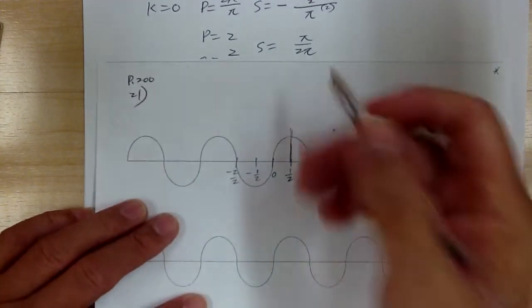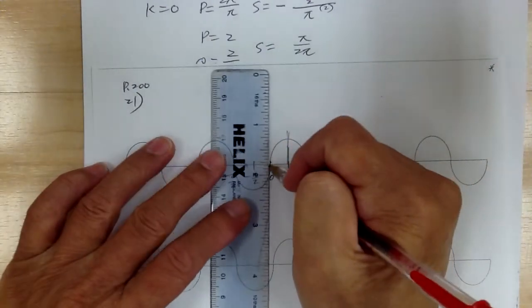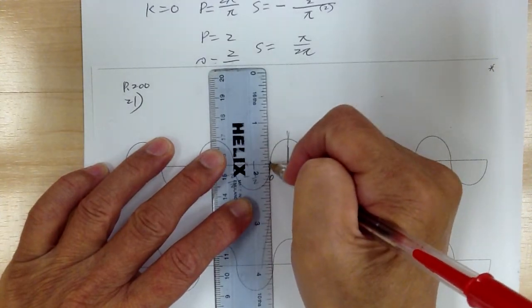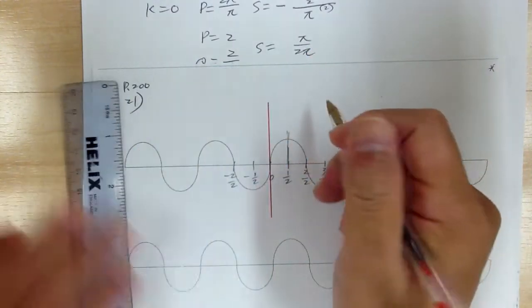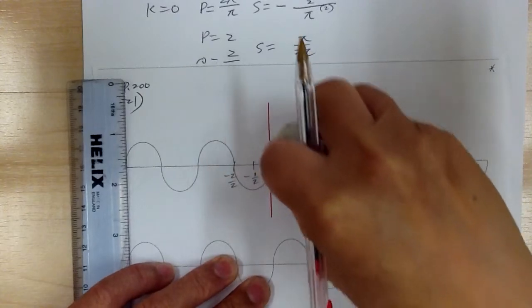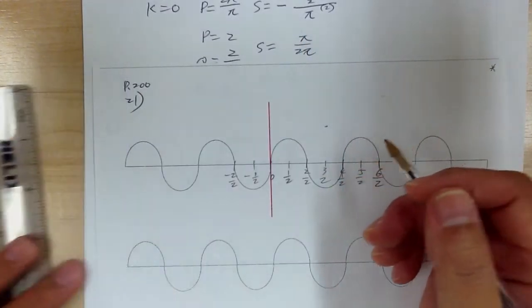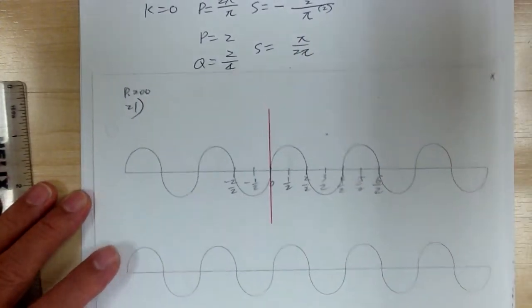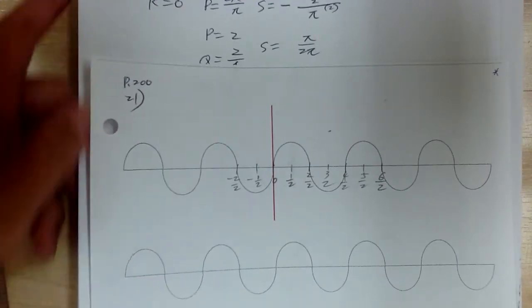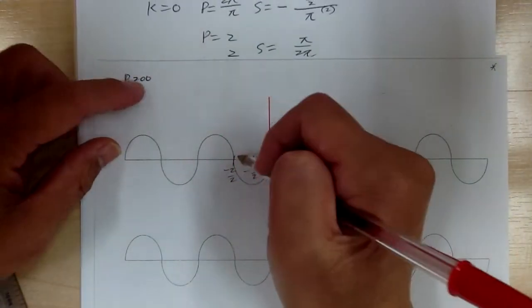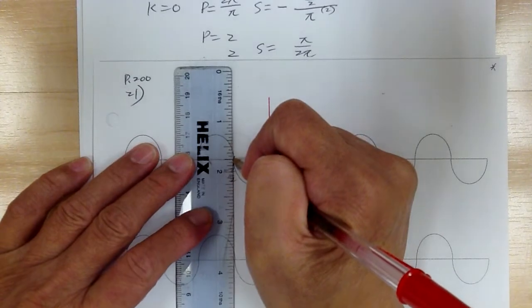Okay, so next what I want to do is I want to get my axes. Okay, so axis is going to be right over here. So I can erase this temporary axis. Okay. Next thing I want to do is take the reciprocal of the zeros over here to make them into asymptotes.